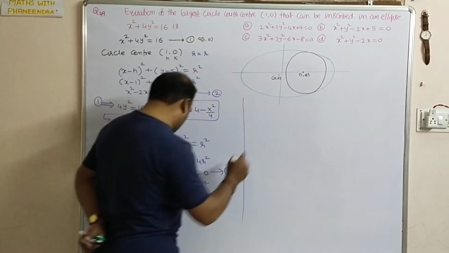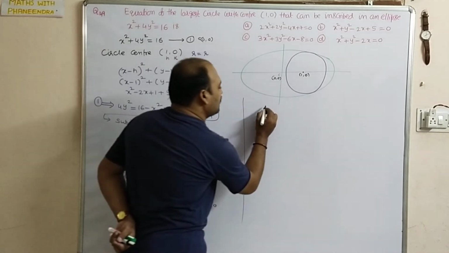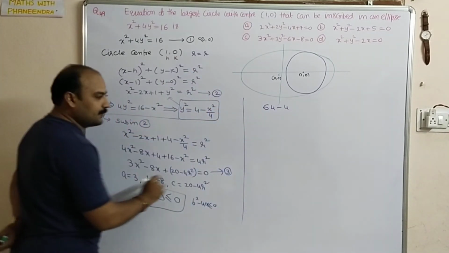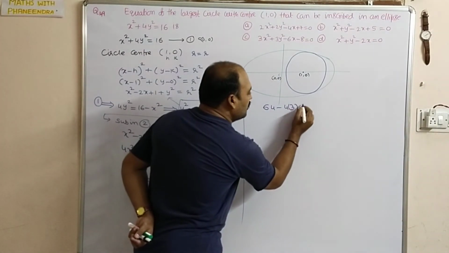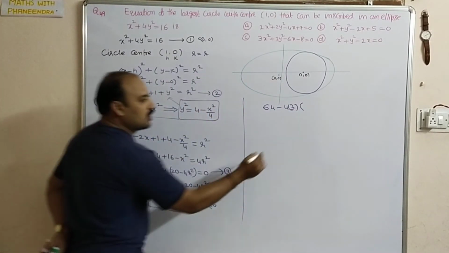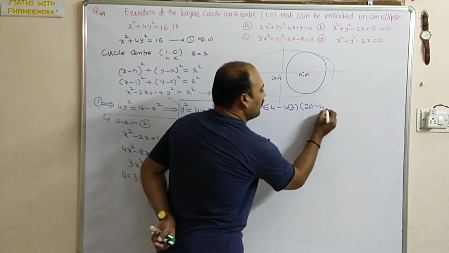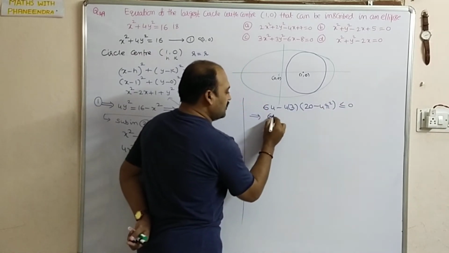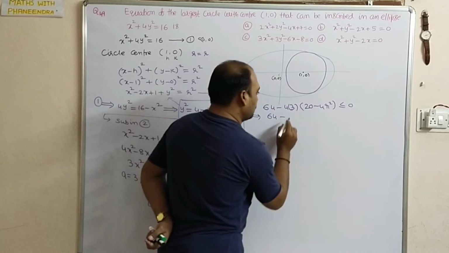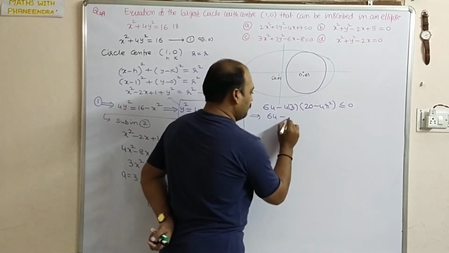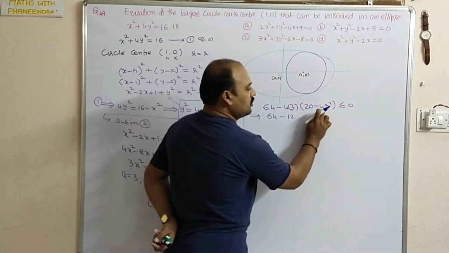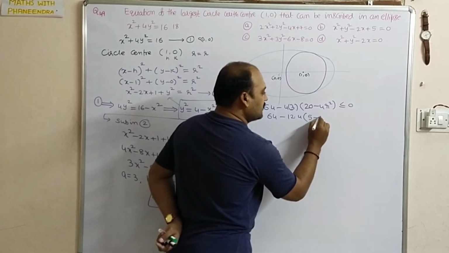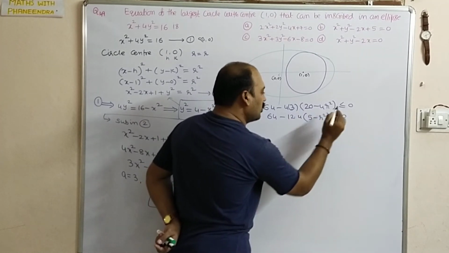So now b square, that means minus 8 whole square, 64, minus 4 into a value 3 into c value 20 minus 4r square, is less than or equal to 0. So 64 minus 12, and 4 also we take common, so 5 minus r square is less than or equal to 0.